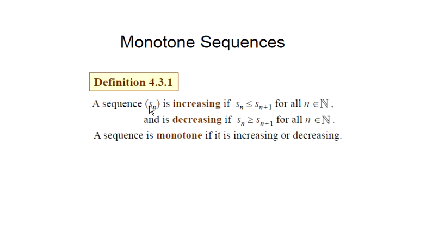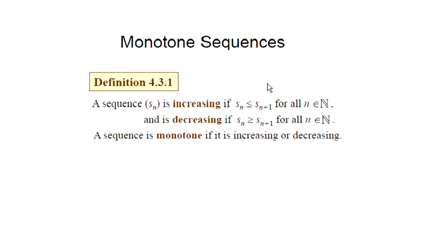And a sequence is decreasing if S sub n is greater than or equal to S sub n plus 1. A sequence is monotone if it is increasing or decreasing. Okay, so you need to know what an increasing sequence is and what a decreasing sequence is.